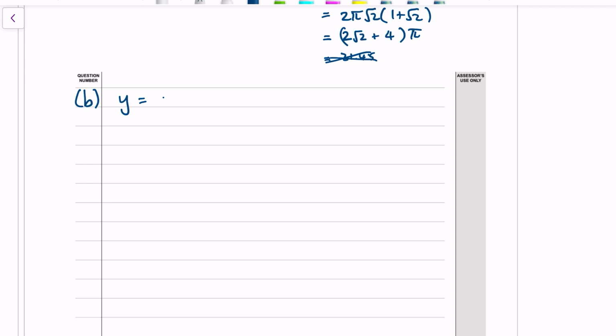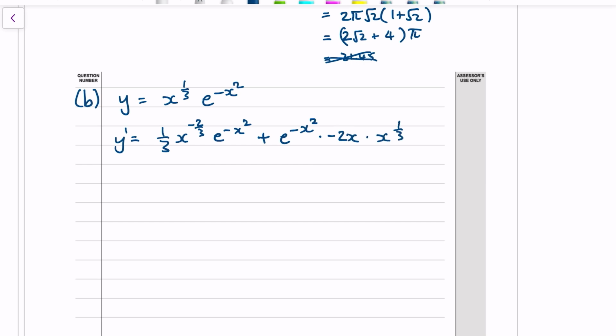Okay, so to diff this curve here, we need the product rule. We diff the first term, a third x to the minus 2/3, multiply by the second term. Then we diff the second term, e to the minus x squared diffs to itself, times minus 2x, that's the chain rule, times by x to the 1/3.